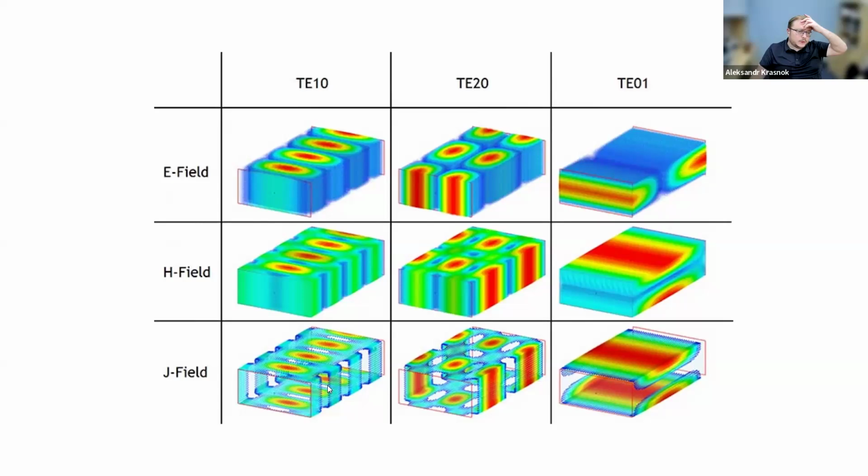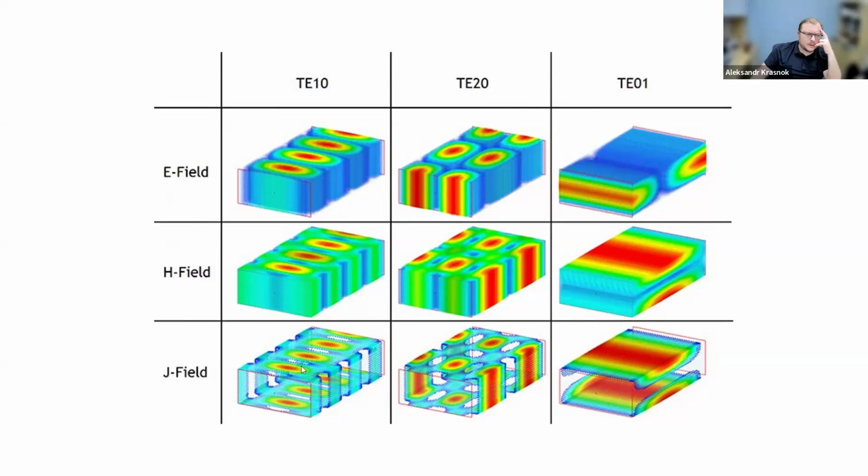What is important to mention here is that often the current has some zeros on its surface. For example, here at this top wall, I have a zero of current.